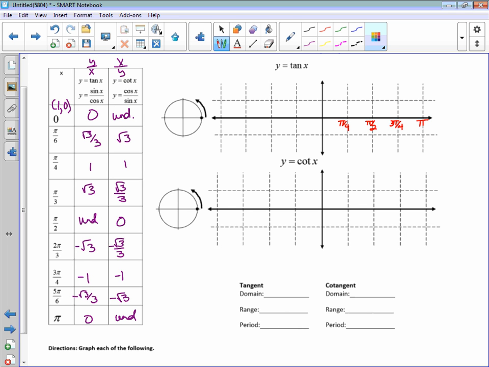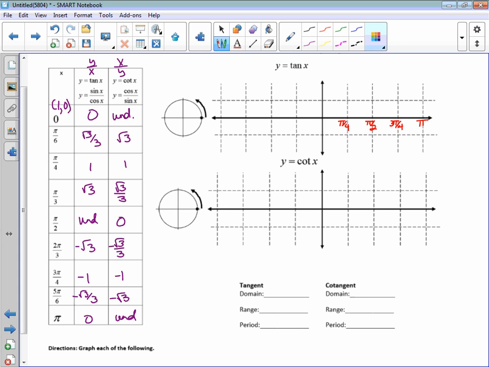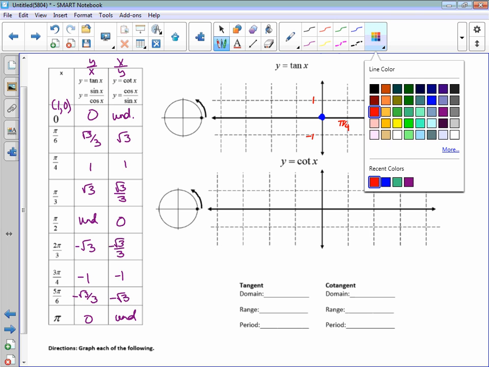All right, so let's plot some of the points we have. So what is the tangent of 0? 0. Okay, so that's your first point on the graph. We actually have the tangent of pi over 4. What is that going to equal? 1. Good. So I can put that point too.